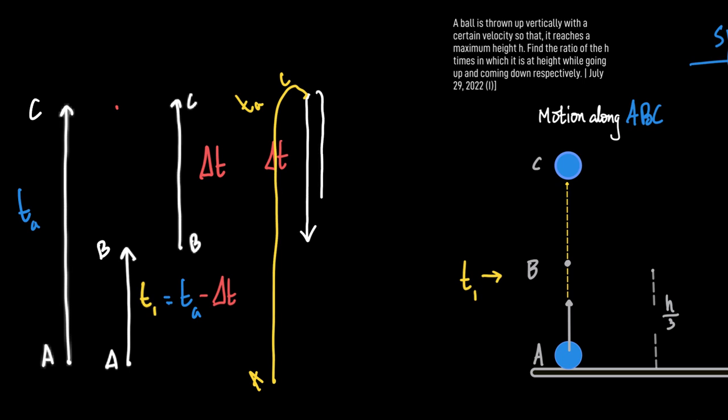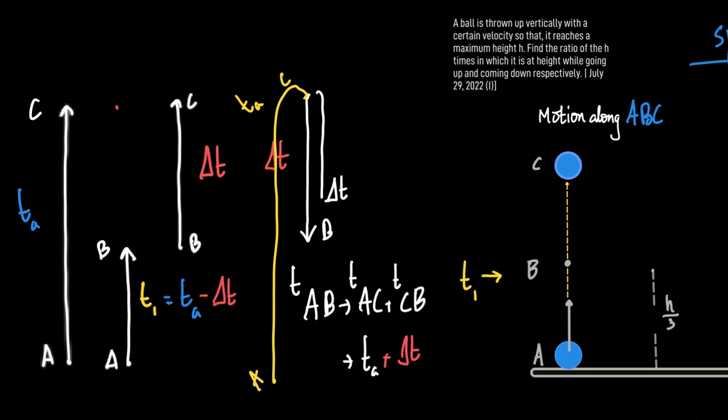From C to B, it has covered the time delta T. So from A to B, it will be the sum of time from A to C plus C to B. So T of AB will be equal to T of AC plus T of CB. What is T of AB? It is TA. What is T of CB? It is delta T. So we have two times, TA minus delta T and TA plus delta T. Does that make sense? Okay.